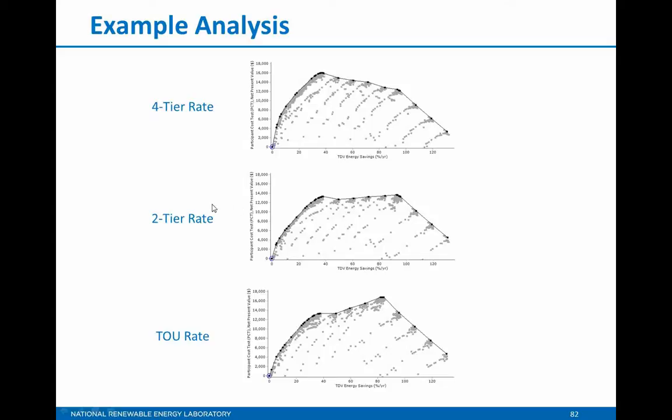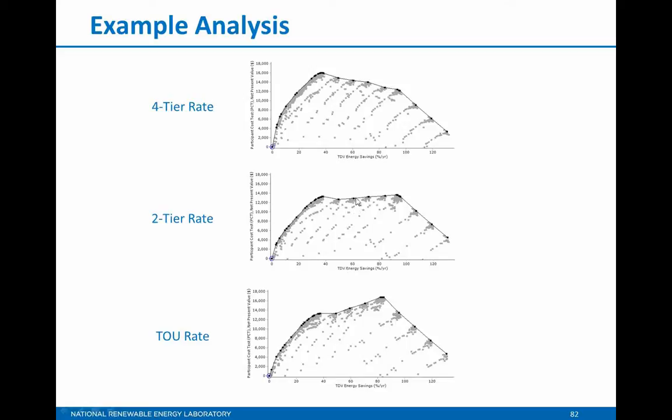Here's a 2-tier rate, which is a flatter rate. You see a little bit of a dip here. This, again, is because we have this nonlinear PV cost that has economies of scale. So this first dip is relatively expensive, a 1 kilowatt PV system, and the PV gets somewhat cheaper. And then this is the time of use rate.